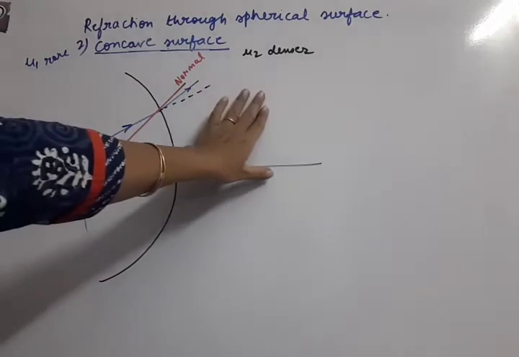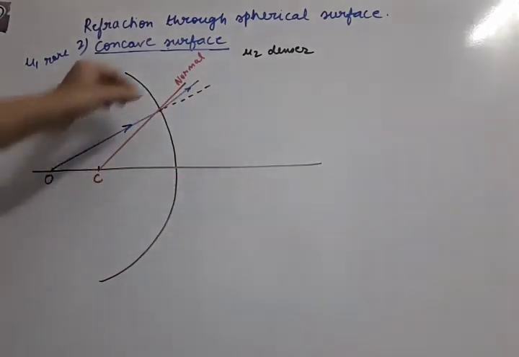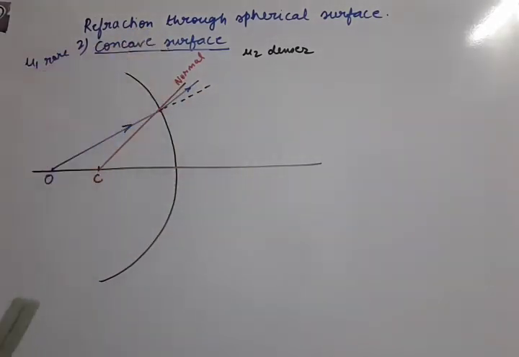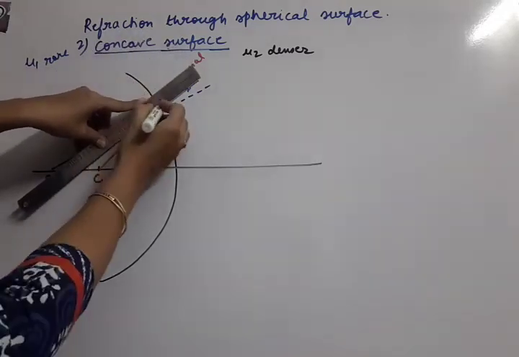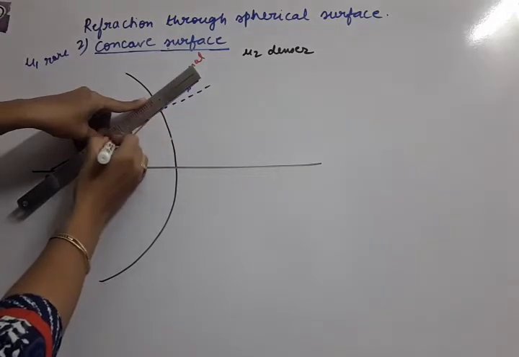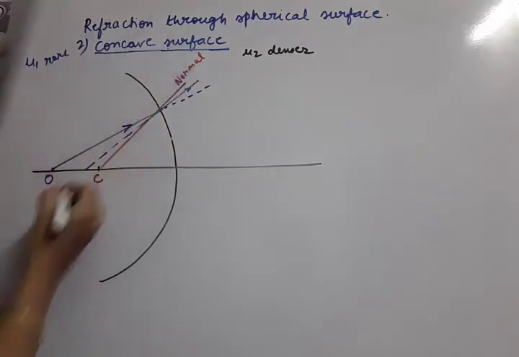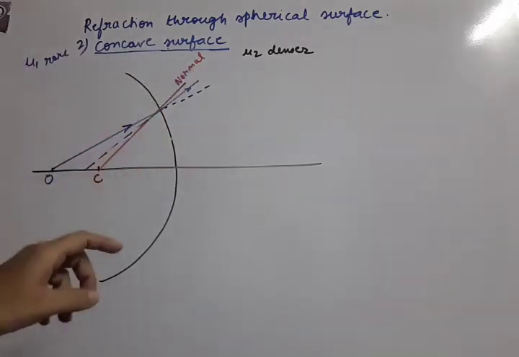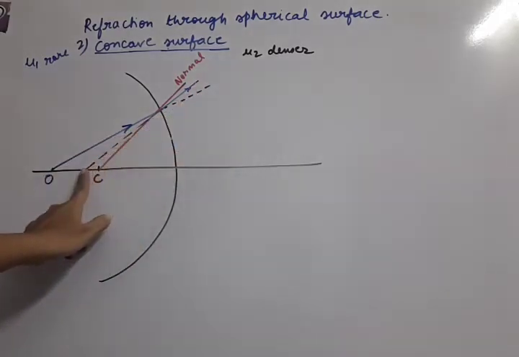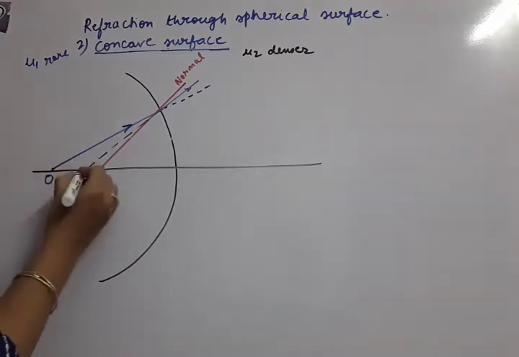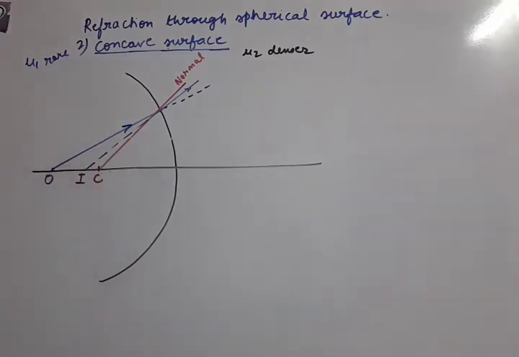If this is not meeting this side, we need to extend it behind. So this refracted ray, we will be extending it behind. This middle ray, we are extending behind. Wherever it will meet the principal axis, there the virtual image will be formed.